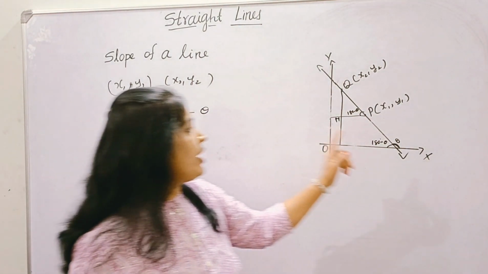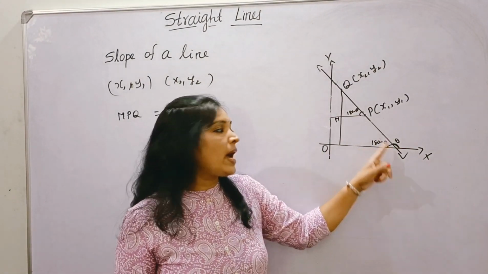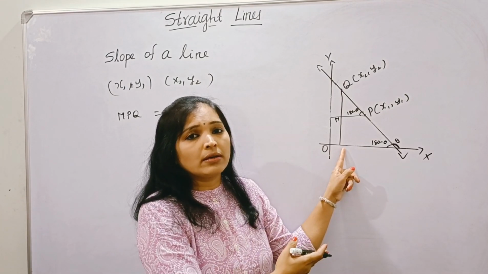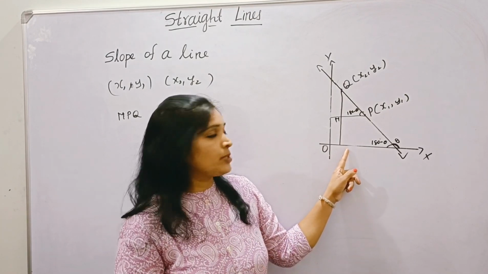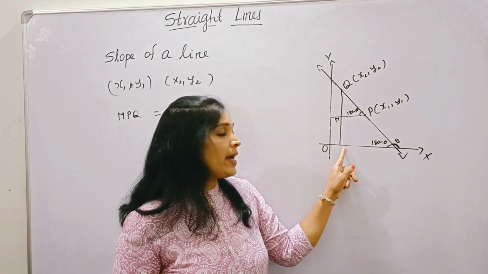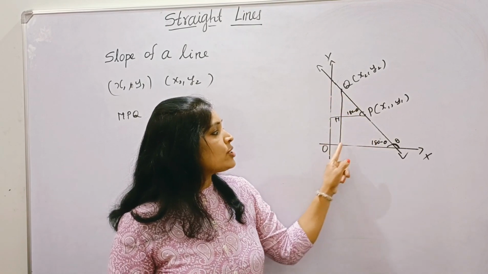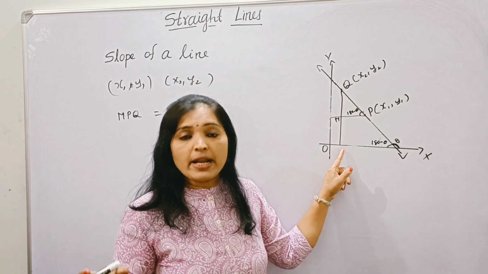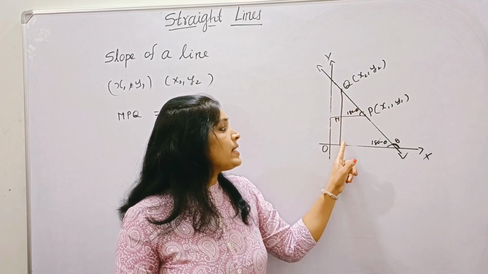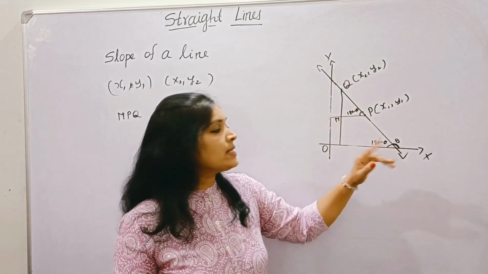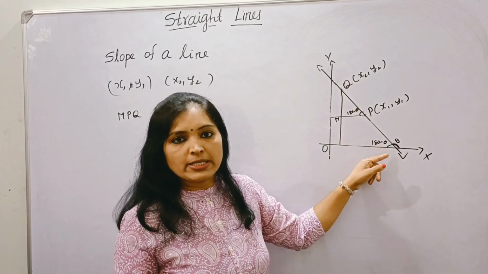Why? Because it is 180 minus theta and it is 90 degrees, the same theory as we did just before. The sum of the interior angles of a triangle is 180 degrees. Therefore it is 180 minus 90 plus 180 minus theta.